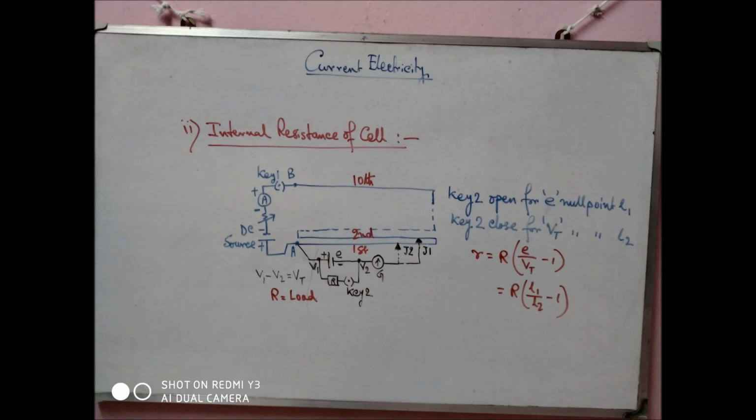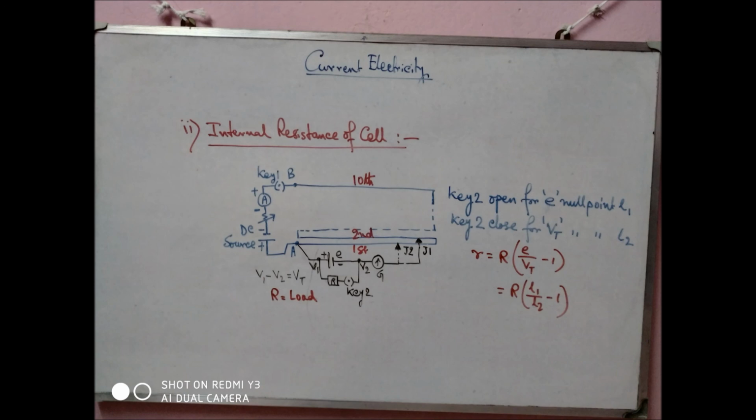Then we close the key K2. And remember one thing, key 1 should always be closed, because that is the main source of the potentiometer, which we never open. Remember that. So key 2 closed means the external load is present, and this time we will not get EMF, we will get the terminal potential difference denoted as Vt.